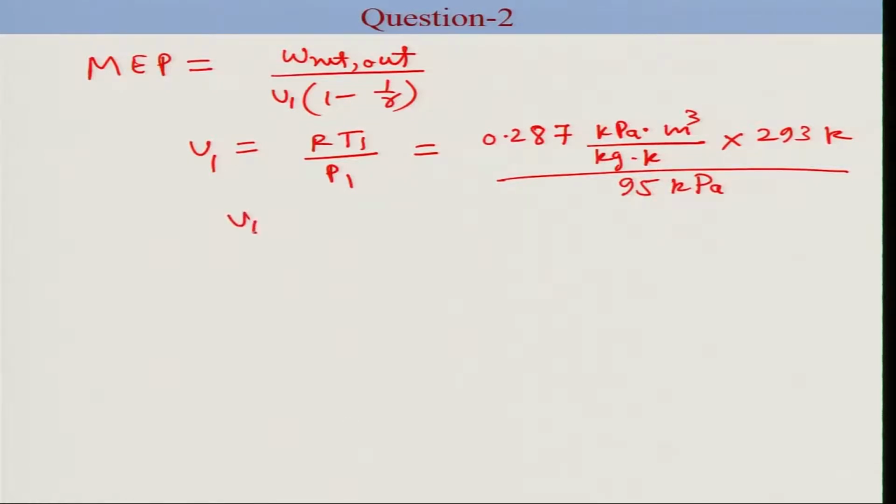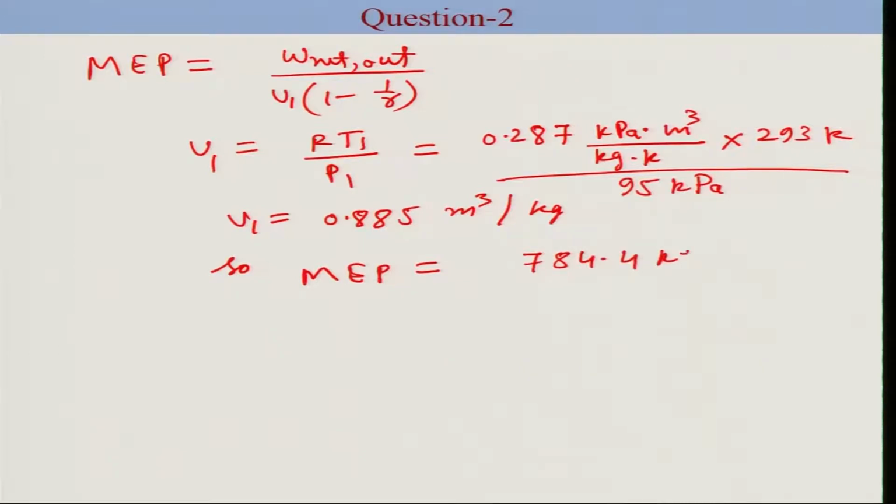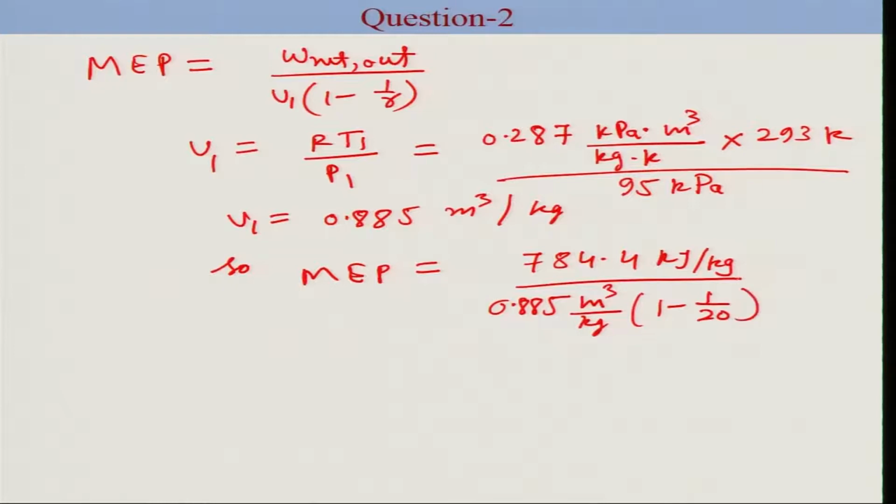So, from here we get V1 equal to 0.885 meter cube per kg. So, after plugging this, MEP will be equal to 784.4 kilojoule per kg upon 0.885 meter cube per kg times 1 minus 1 by 20.